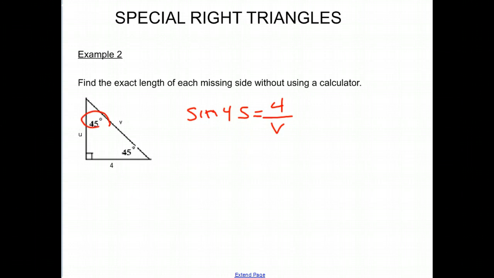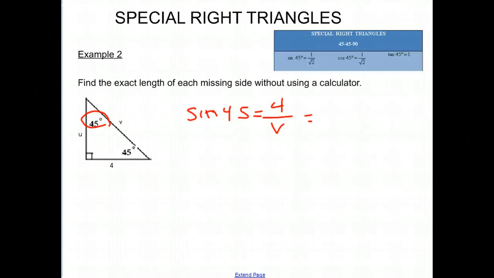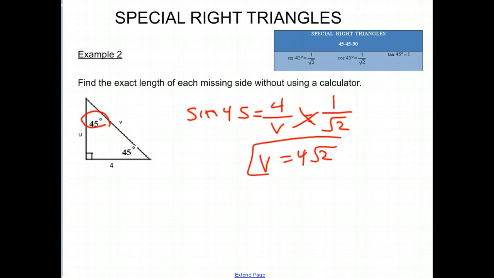Notice I'm using this 45-degree angle to use the sine of 45 degrees. And we know that the sine of 45 degrees, do you remember what it is? Sine of 45 degrees is 1 over the square root of 2. And now, once again, the easiest thing to do would be to cross multiply. So we get v is equal to 4 the square root of 2. And that's our value for v.